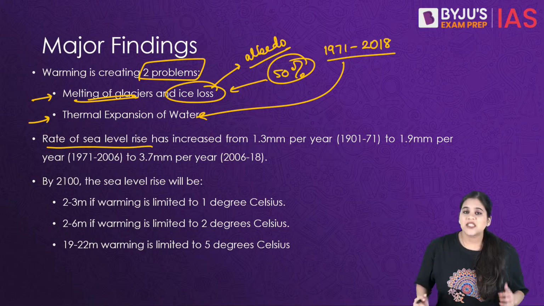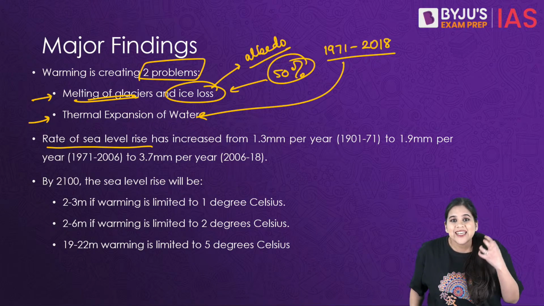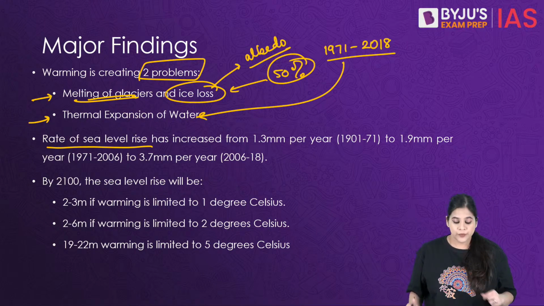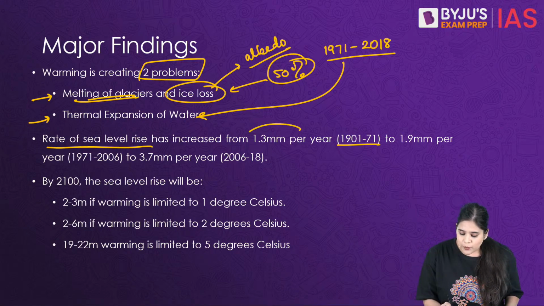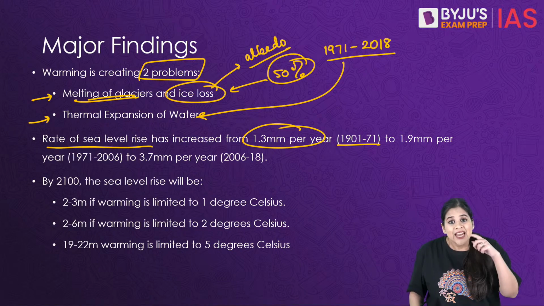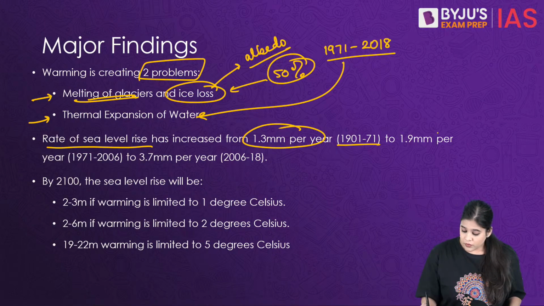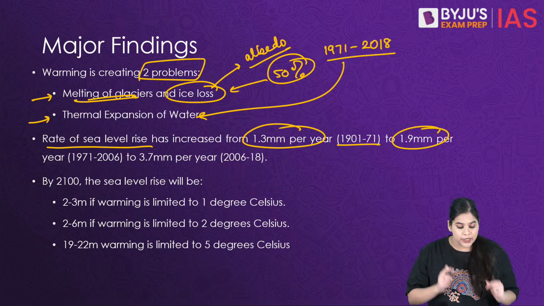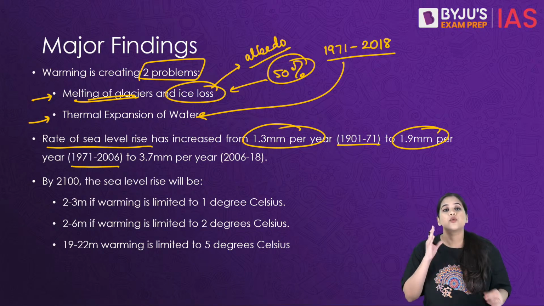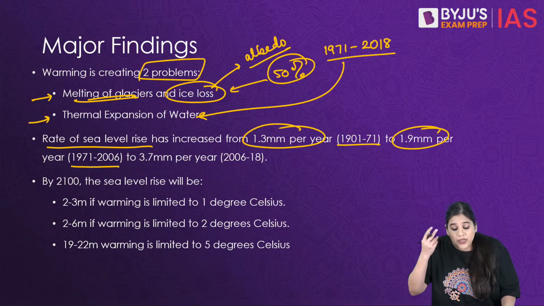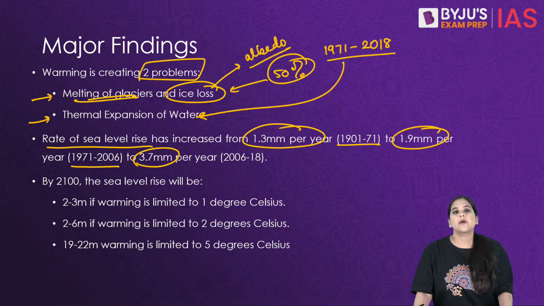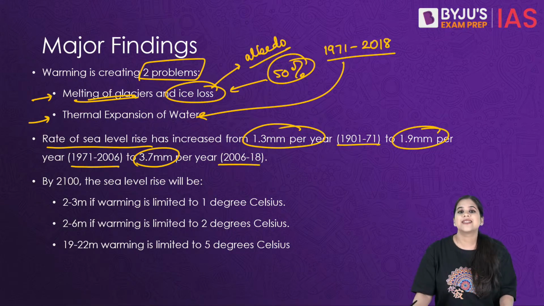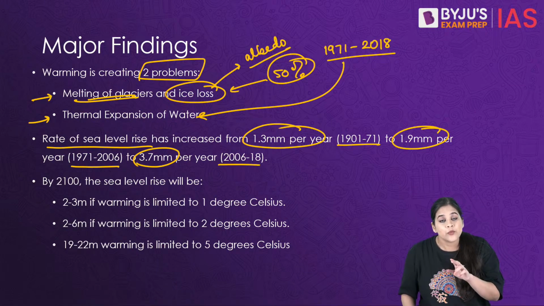Now the rate of sea level rise has increased over the past many years. Between 1901 and 1971, it was just 1.3 mm per year. It increased to 1.9 mm per year between 1971 and 2006. It almost doubled to 3.7 mm per year between 2006 and 2018.